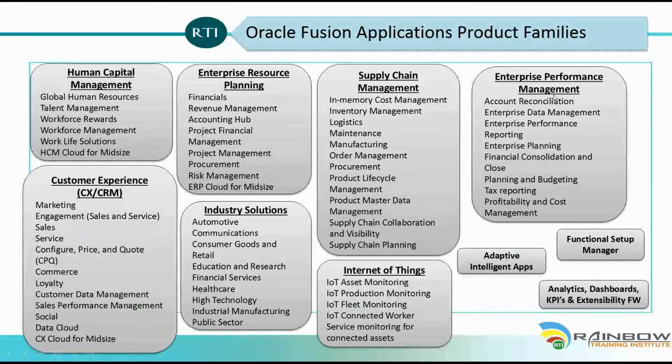Similarly, there is the enterprise performance management product family, where enterprise performance management keeps tracking the status of the cloud applications, predicts the performance, provides proper reporting, and connects the entire organization basically.